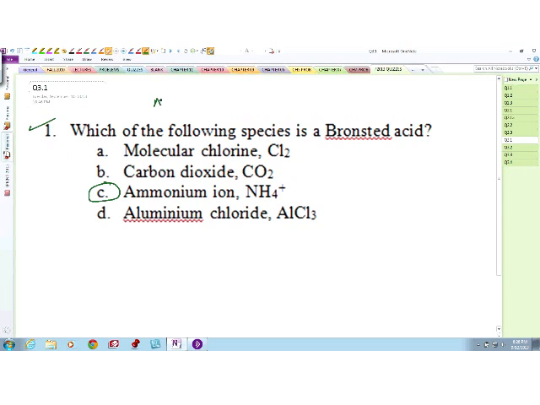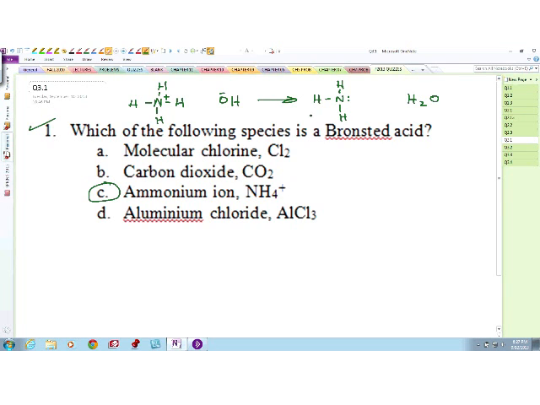So you have the ammonium ion. If we have a base here, say for example hydroxide, that will react with the ammonium ion to give ammonia and water.